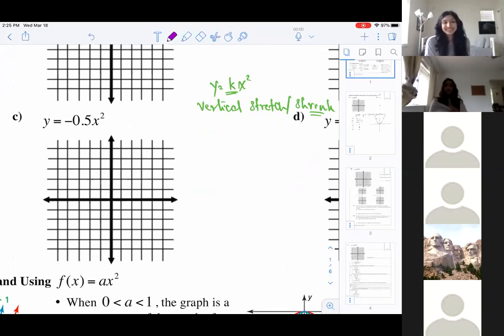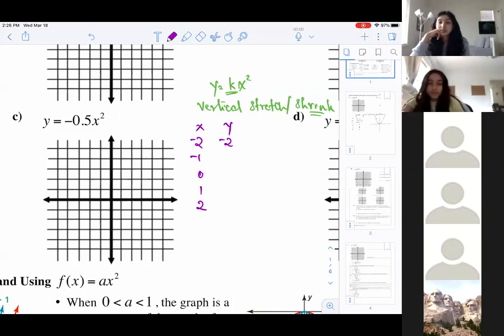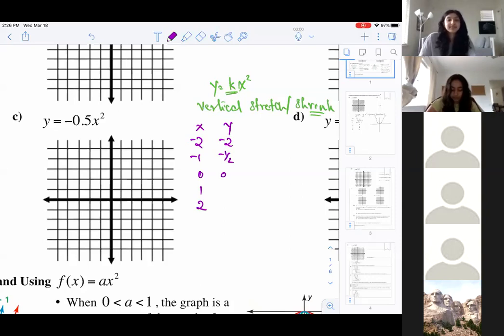Yes, exactly. That's correct. Let's still make a table of values and then figure out -2, -1, 0, 1, and 2. So the y values are -2. Negative half. Very good. 0, negative half.